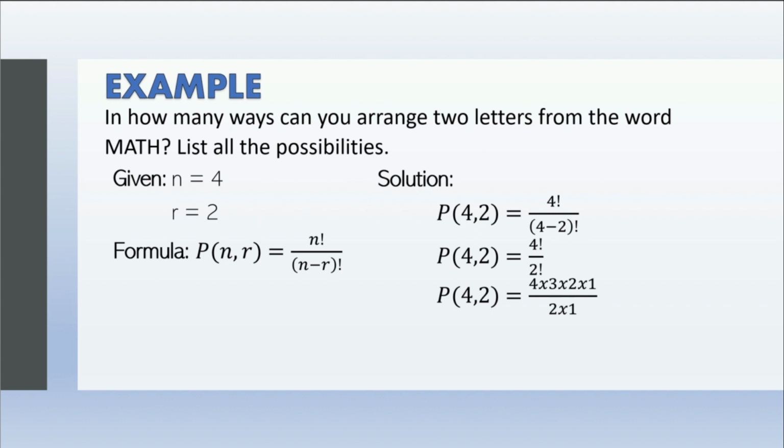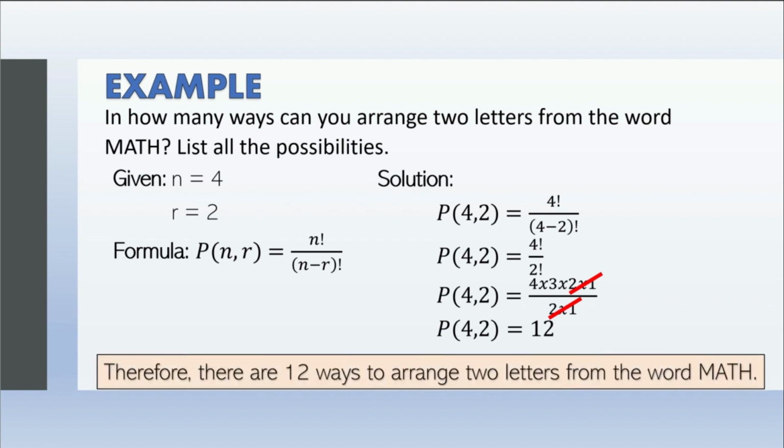In here, since we have like terms, we can eliminate them. We cancel out 2 times 1. And the remaining terms that we have now are 4 times 3. And 4 times 3 is equal to 12. Therefore, there are 12 ways to arrange 2 letters from the word MATH.